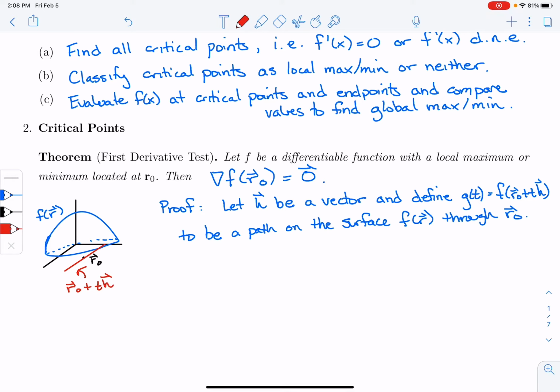And so if the red line there, r0 plus t times h, is a line through r0, there is a corresponding path on the surface, and that corresponding path is going to go through the point f of r0, and that path on the surface is going to be given by g of t. So g of t is going to be the path on the surface.